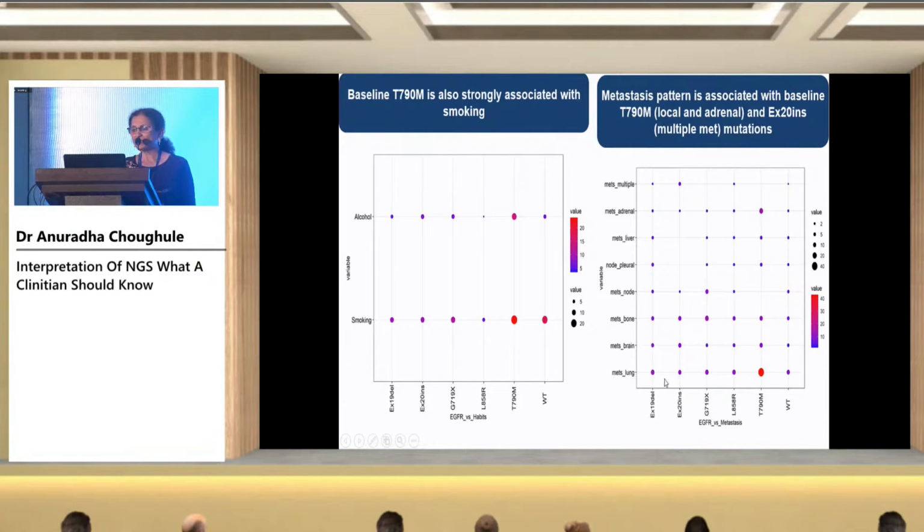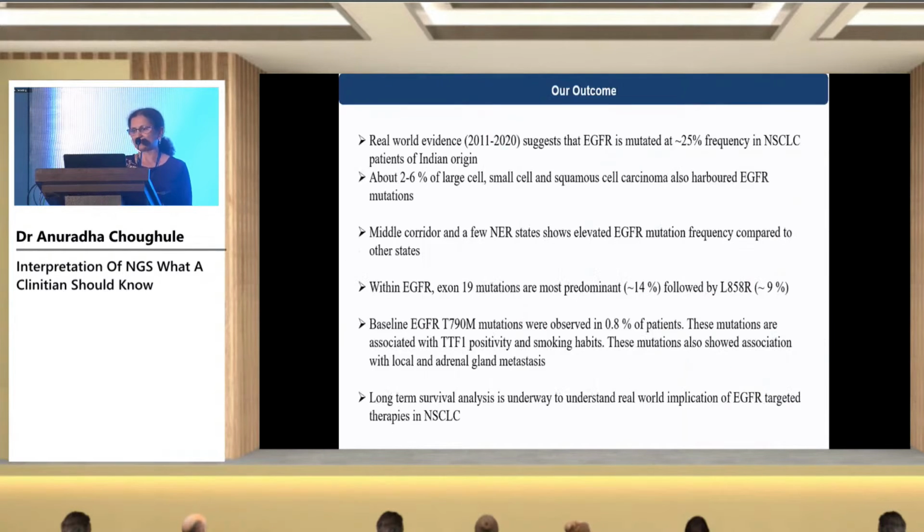As you can see over here, compared to multiple, adrenal, liver, pleural, node, bone, and brain metastases, it was in lung metastases that the T790M mutation was high as compared to other metastases.